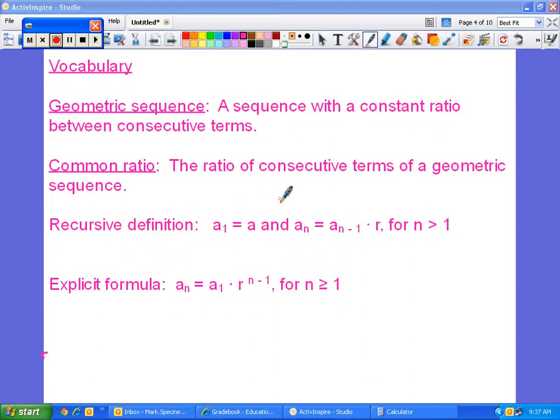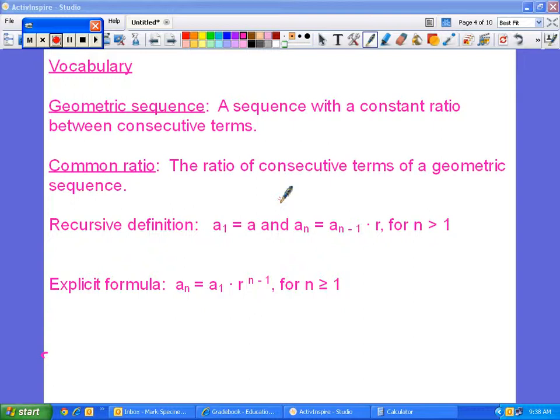The difference by which the sequence changes is called the common ratio. So we're going to find that difference, except it's not a difference, but that suggests subtraction. Instead, it's going to be multiplication. And you'll see how we do it in just a minute.